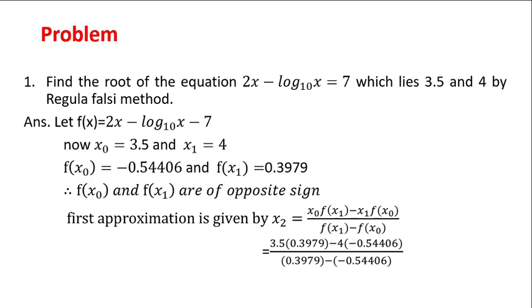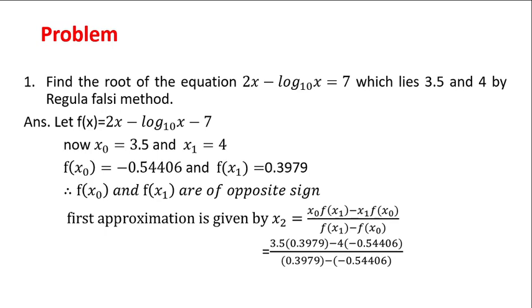First one, find the root of the equation 2x minus log x base 10 is equal to 7, which lies between 3.5 and 4, by the Regula-Falsi method. Answer. Let us consider f of x as 2x minus log x base 10 minus 7, because the given function is always f of x is equal to 0.